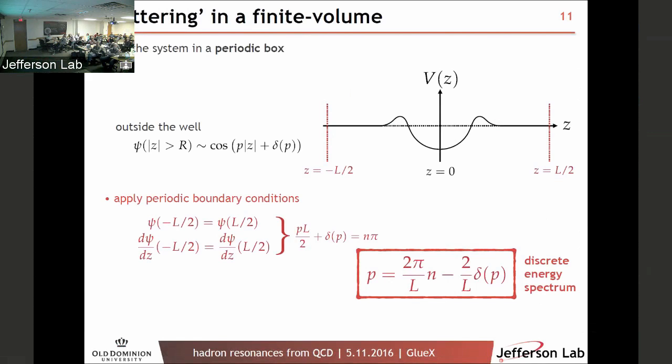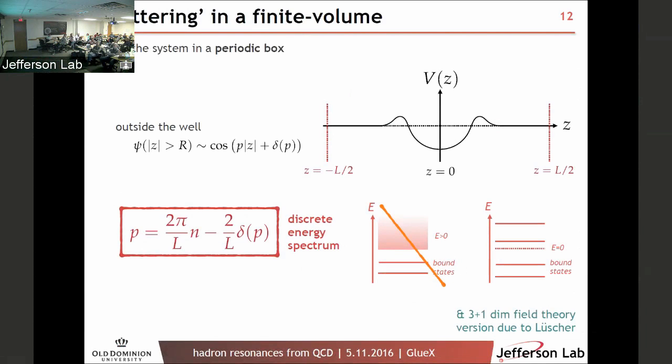Now, of course, what this means is you don't have this continuum of all possible p values. You only now have some discrete set. And what's more, that discrete set depends upon the volume, upon L, and it depends upon the scattering amplitude, the phase shift. So the idea then is that we should have a discrete spectrum, and what's more, we can run this thing backwards.